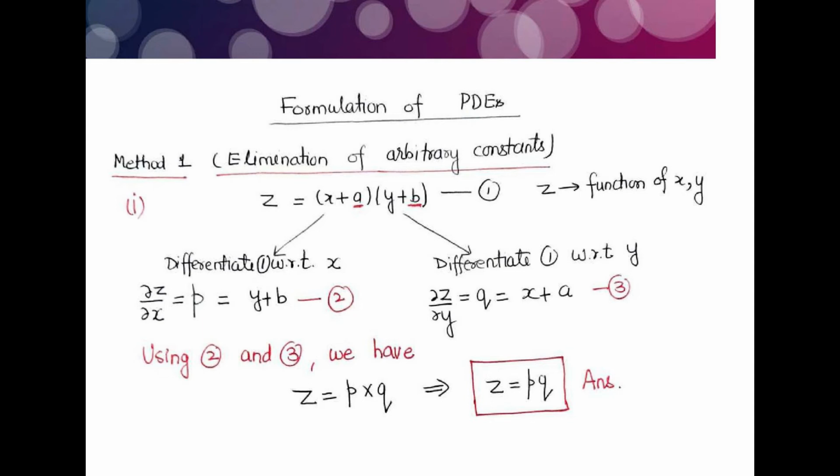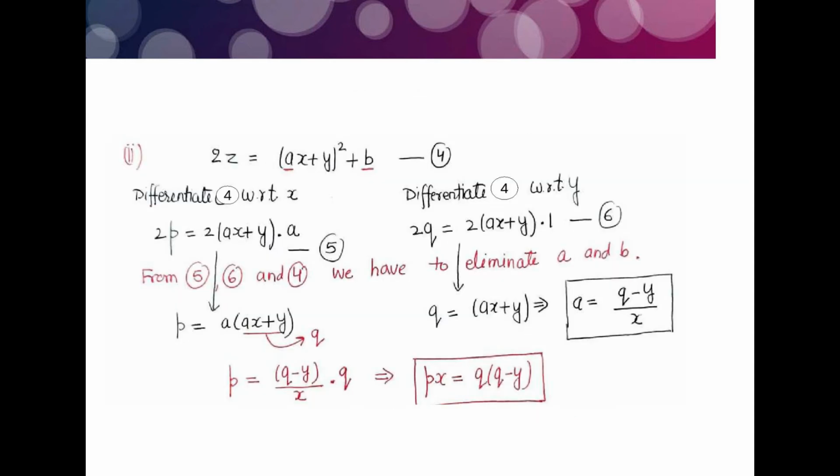Now from equation number 2 and equation number 3 we can find a and b, and now substitute the values in equation number 1 and we get z equal to pq. So this one is the solution of this problem.